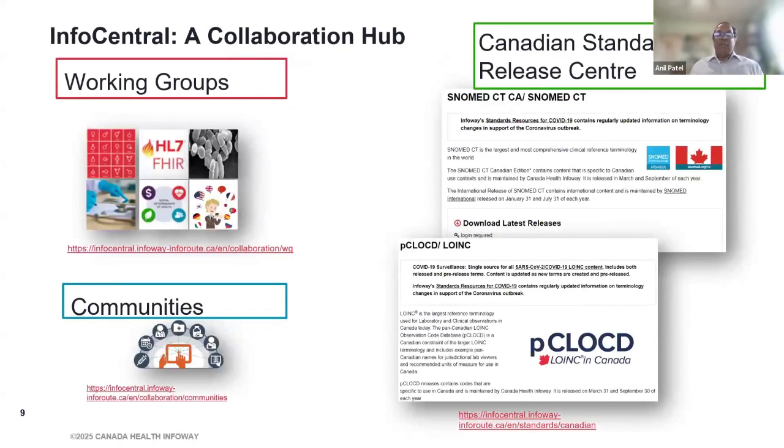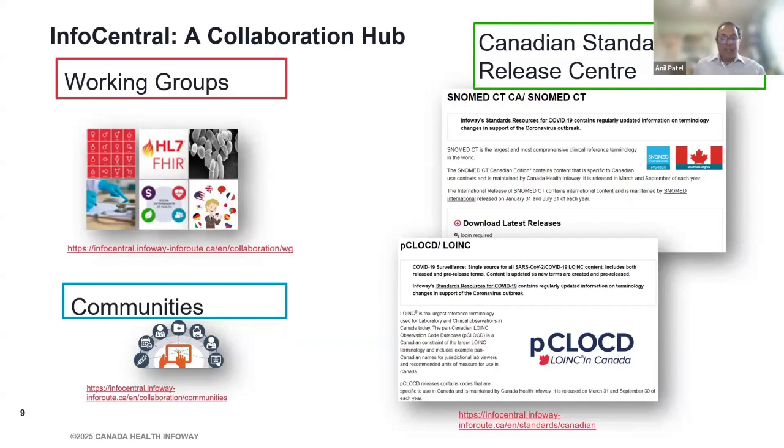If you go to InfoCentral, it's a collaboration hub, and there are working groups, there are communities, and of course, there's this Canadian Standards Release Centre. The communities provide an opportunity for people to collaborate and communicate on interoperable topics that are of interest to them and their peers on an ongoing basis. They foster open, inclusive participation, and we encourage diverse perspectives.